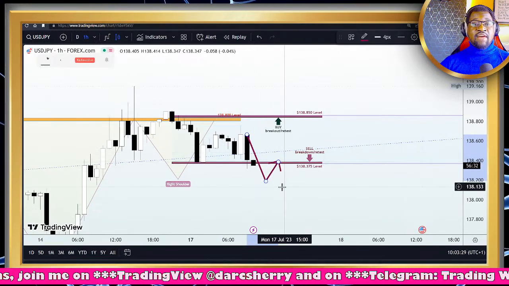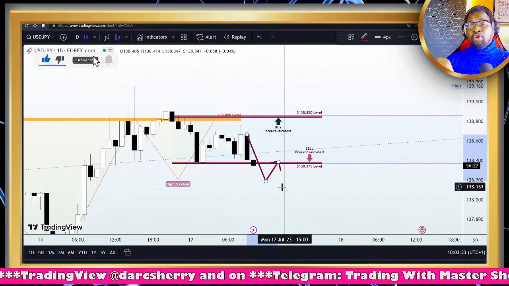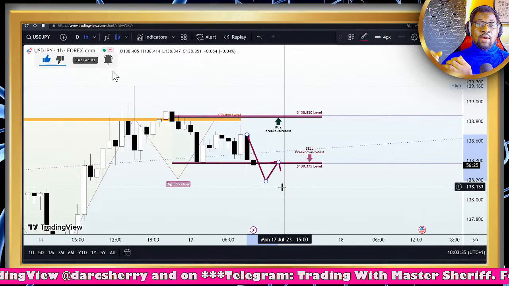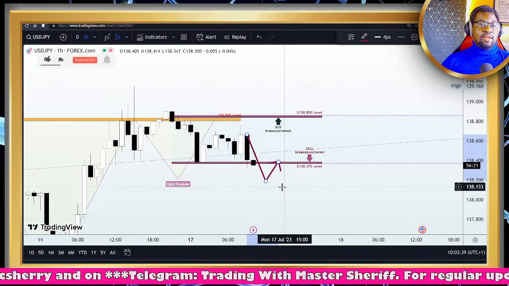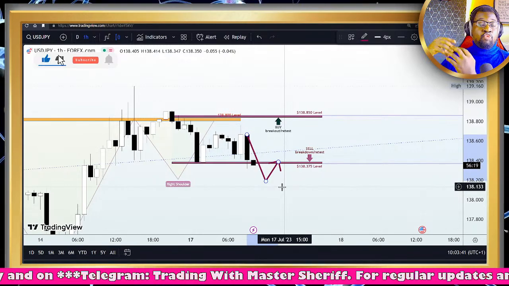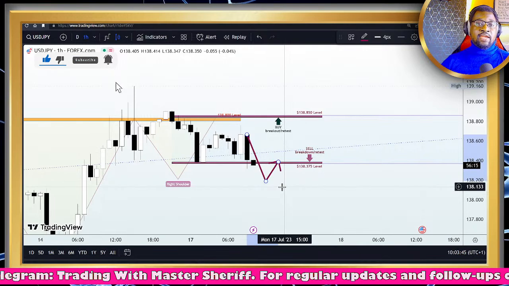So as soon as we have a breakdown of that support line here, we are going to be looking to our lower time frame. Of course, we can go as far as our 5 minutes, 10 minutes or 15 minutes time frame to look out for a retest of the structure, further confirming that sellers are gradually gaining momentum.